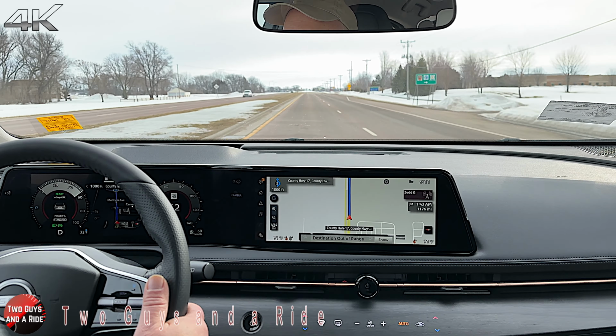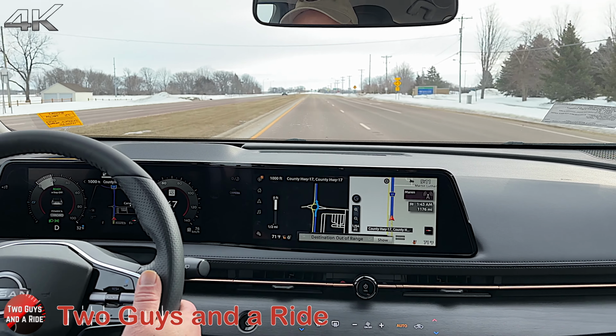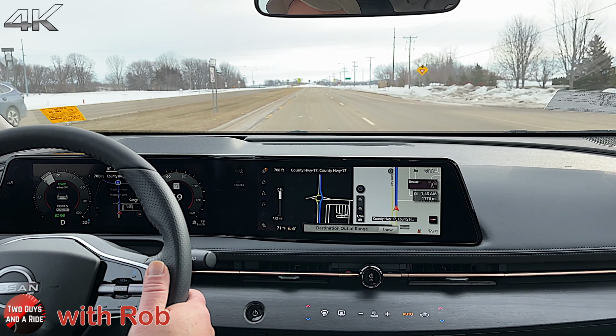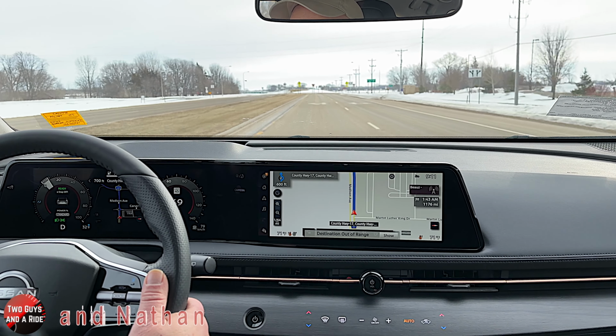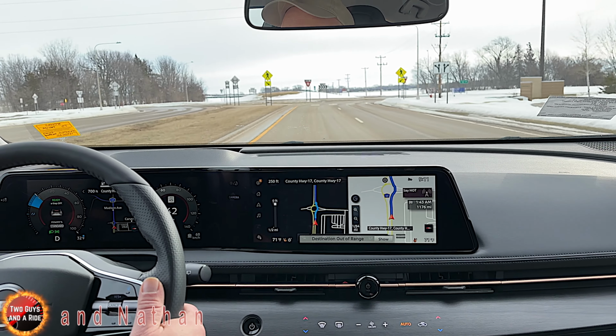Traffic circle at the second exit after 1,000 feet and continue on County Highway 17. Leave the traffic circle at the second exit.